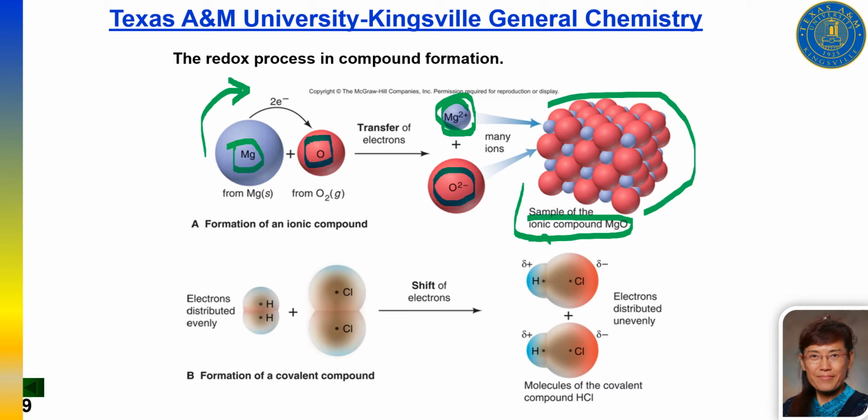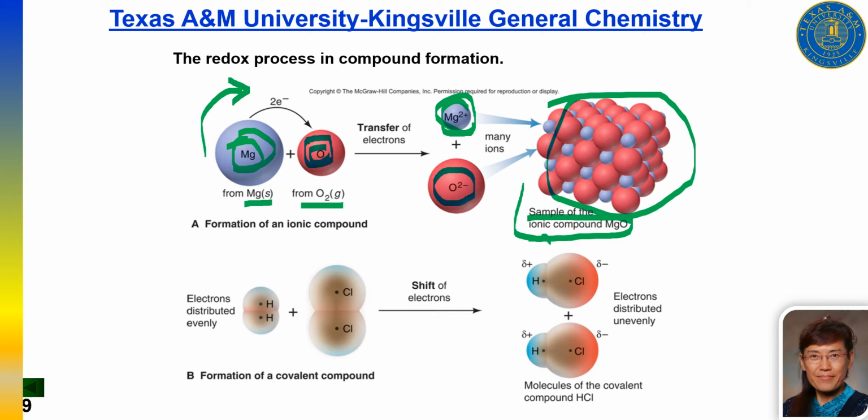This is the lattice structure for your magnesium oxide. So this chemical reaction involved electron transfer. Totally 2 electrons have been transferred. Electron has been lost by magnesium. Electron has been gained by your oxygen. Therefore, your magnesium is called what agent?